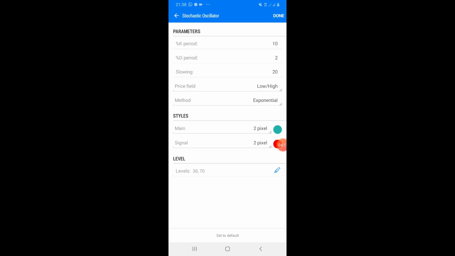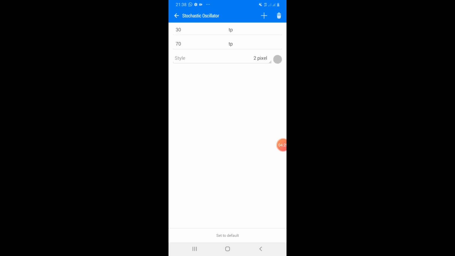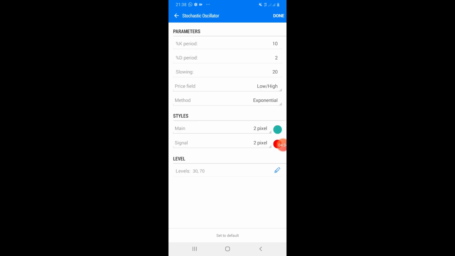Then price field has to be low and high, and then method exponential, and the colors, I'm just going to choose these default ones. And then lastly, I will need these 2 levels, level 30 and level 70. Their description will just be TP and TP again. And then I'm going to click done.